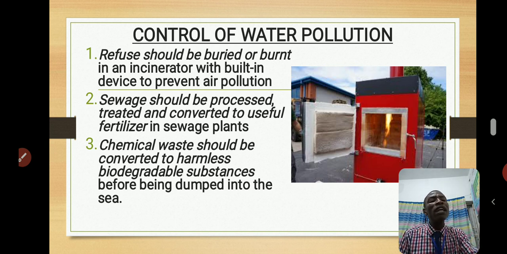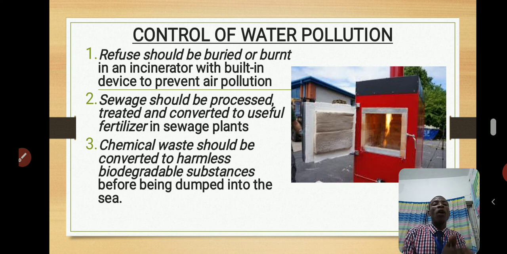Or why not let us convert that particular sewage to fertilizer and be using it to grow plants. So in that way, we are going to avoid water pollution from escalating. That's number one.